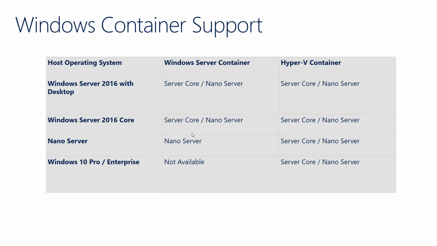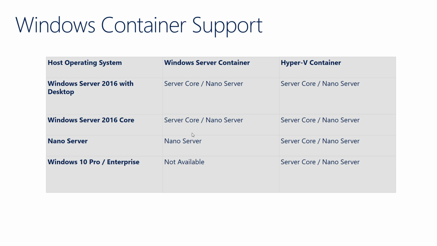Now, just some of the important things I want to call out here before we get into the next section is that with Windows 10 Pro and Enterprise, we can't run a Windows Server container, because we can only run a Windows Server container on top of Windows Server. So if you take a look in that Windows Server container column, you'll see that we can run Server Core and Nano Server on top of Server 2016 with the full desktop experience.